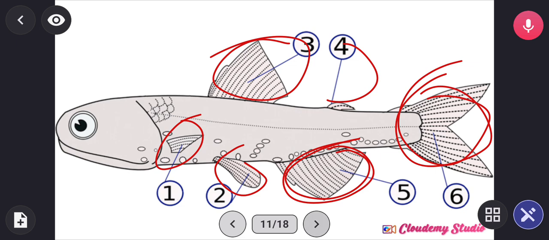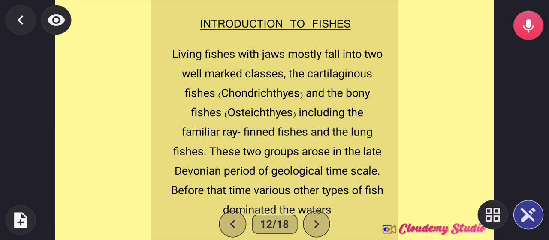Let us now talk about the introduction to fishes. You see, living fishes with jaws mostly fall into two well-marked classes. That is the cartilaginous fish, called the chondrichthyes, and the bony fishes, called the osteichthyes, including the familiar finned fish and lungfishes.